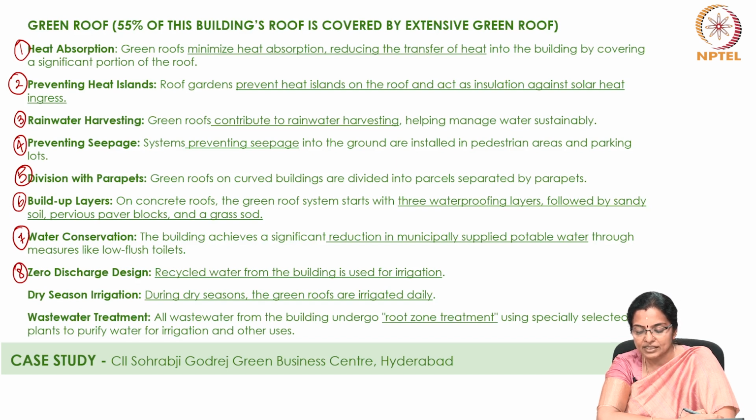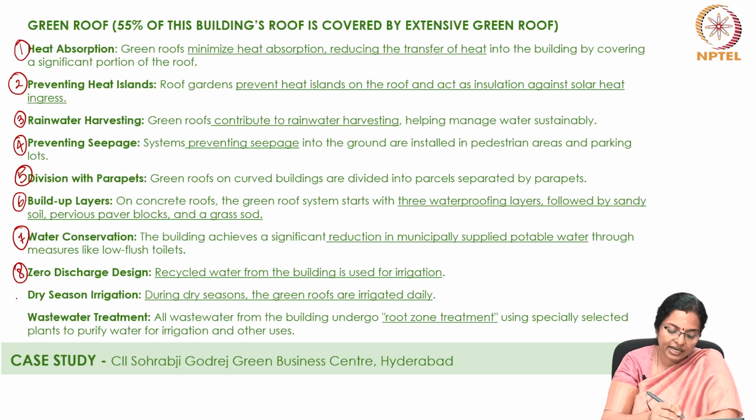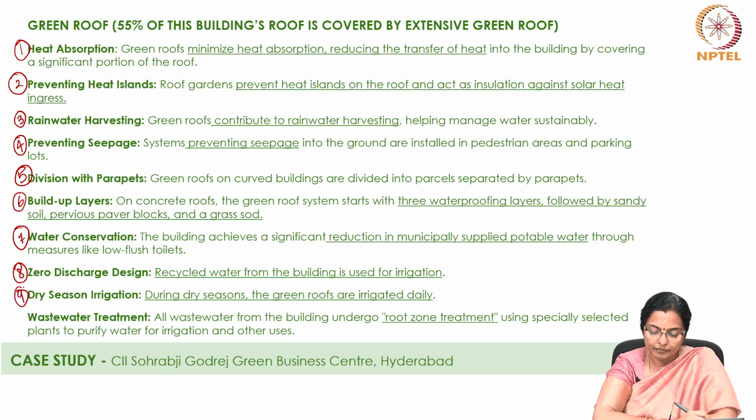During dry seasons, the green roofs are irrigated daily through this recycled water. All wastewater from the building undergoes root zone treatment, which we have already seen in one of the previous classes, using specially selected plants to purify water for irrigation and other uses.